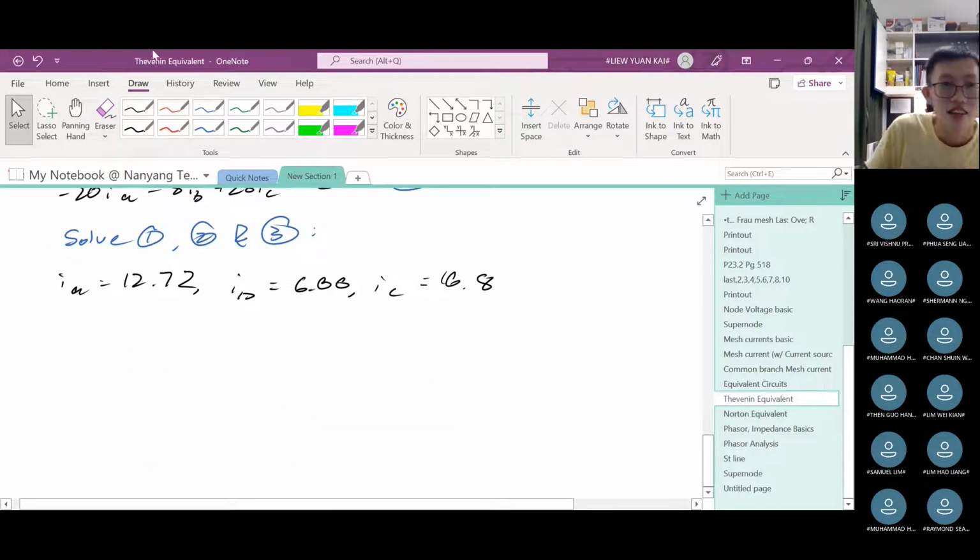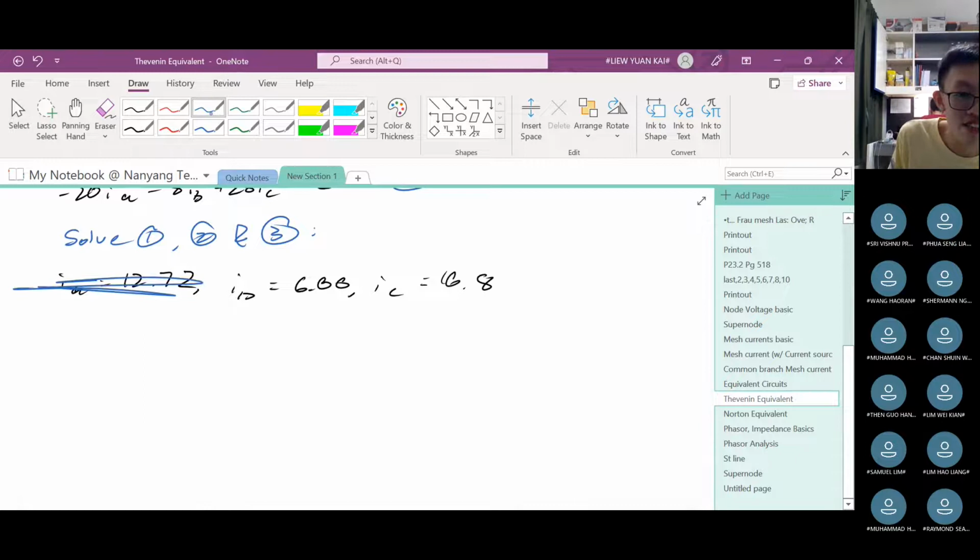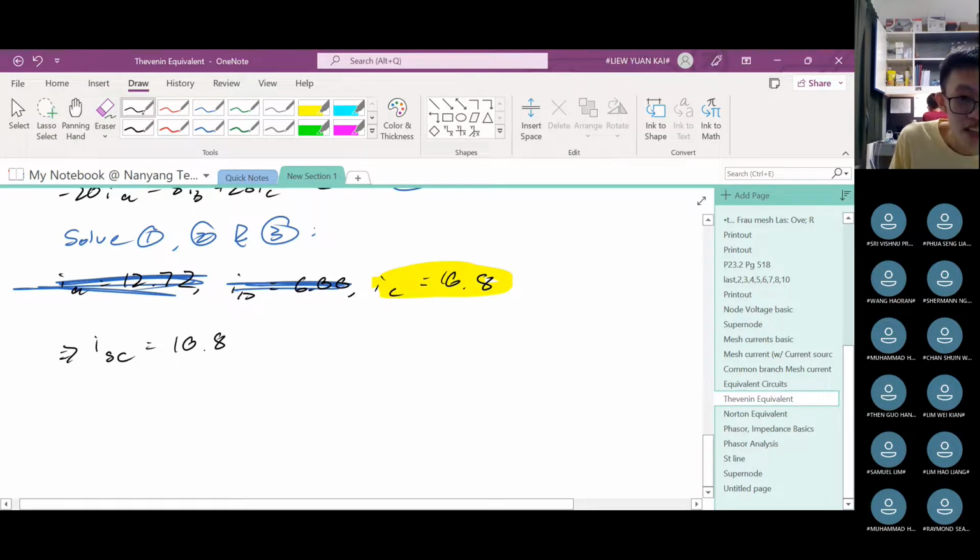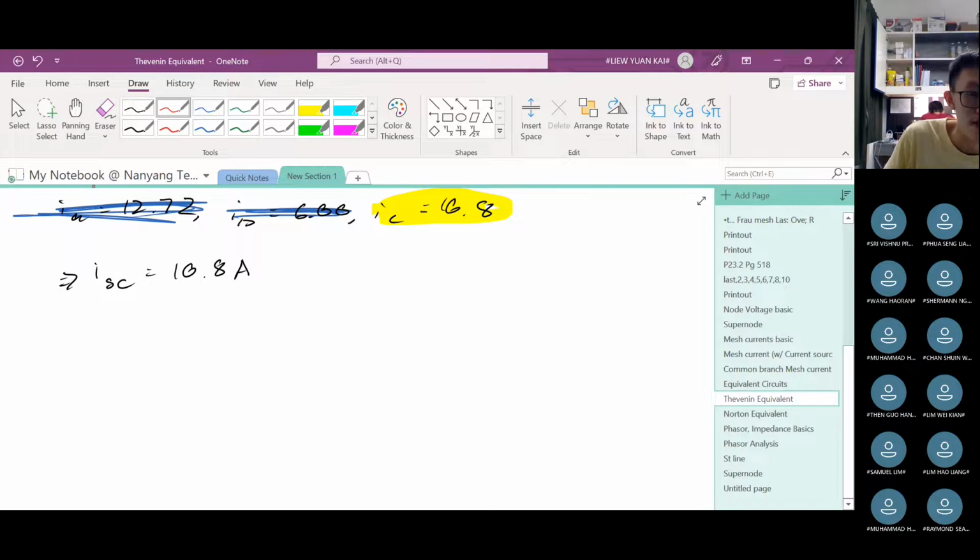So actually, we don't even need these two. We don't need this. The most important character in this story is IC. Based on this, we know that I short circuit is 10.8 amperes. Now, remember, what's the final step? We want to find the Thevenin resistance.